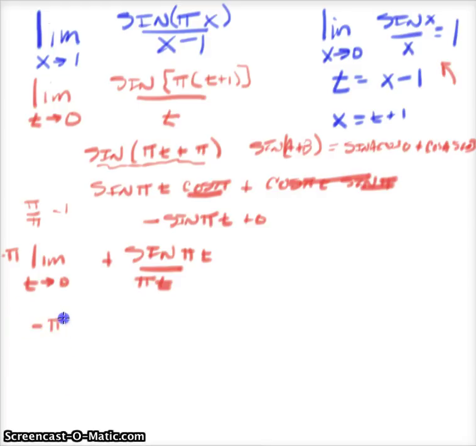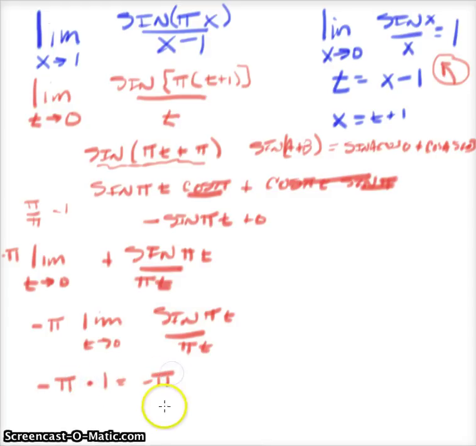I have negative pi times the limit as t approaches 0 of the sine of pi t over pi t. Now this, in essence, is very close to what we're looking for over here. So that's negative pi times 1, which is negative pi, or negative 3.14.